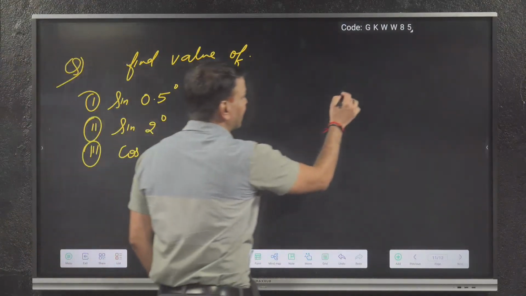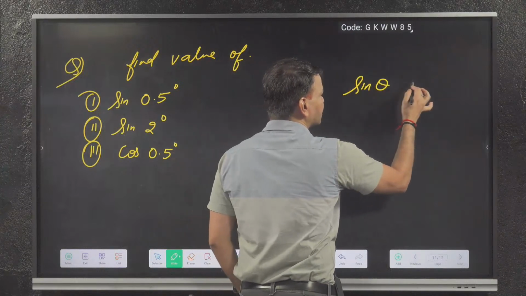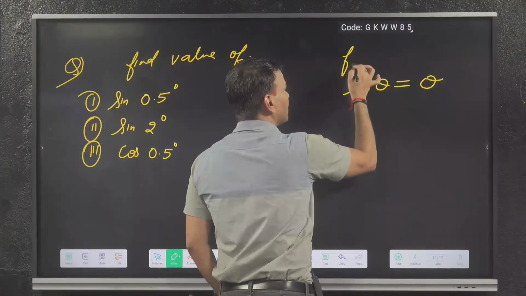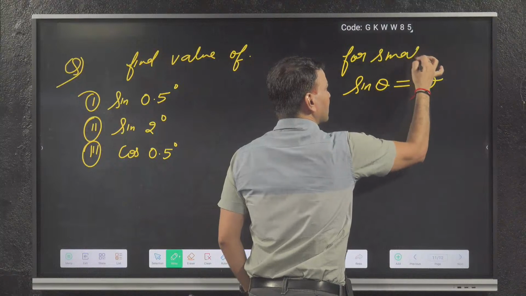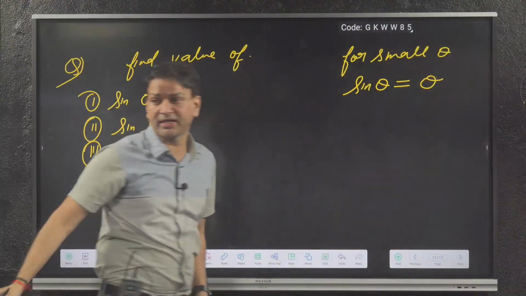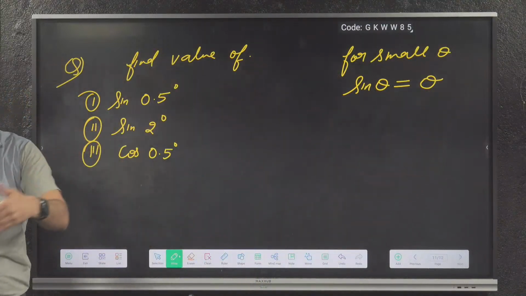So here I am using the approximation sine theta is equal to theta for small theta. This theta will be in radian, but I gave it in degree, so I will convert it into radian.